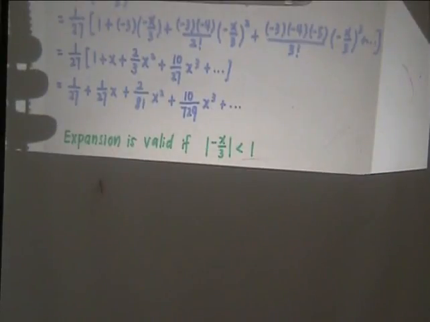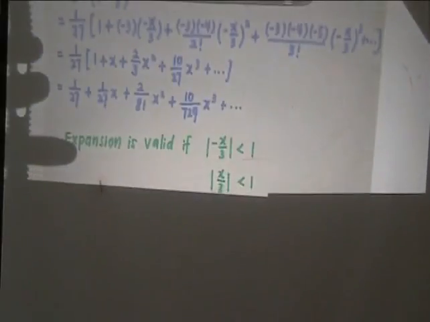So the expansion is valid if I have modulus of minus x over 3 less than 1, which is the same as modulus of x over 3 less than 1. If I bring the 3 over, I will have modulus of x less than 3. And again, same as before, this would mean that my x is between minus 3 and 3.